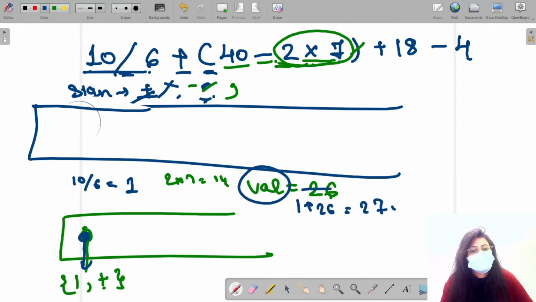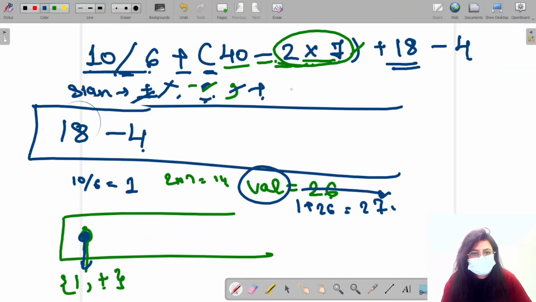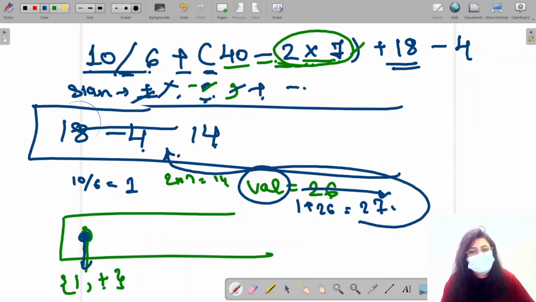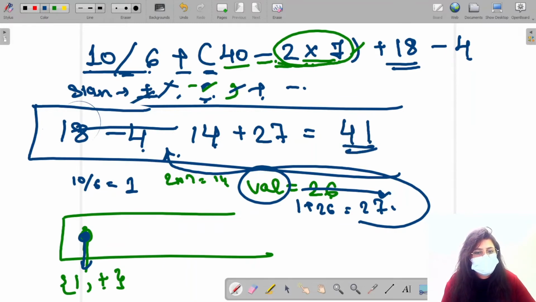This would be stored in a value, right? Now we have plus 18 minus 4. Plus 18, we have plus sign, we have minus sign. Solve it, we have 14. Restore this value, of course. 27 plus 14, what would we have? We have 41, certainly, right? So this is how this question is solved.